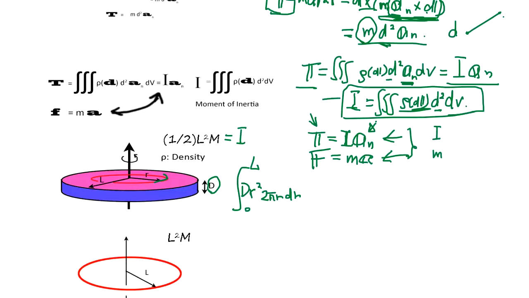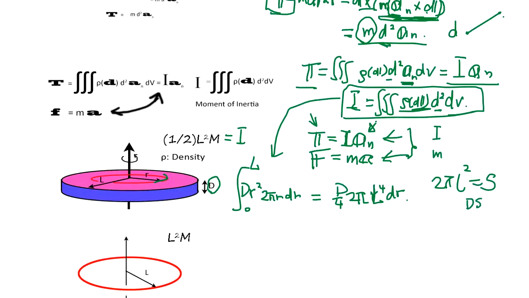So that's the integral. It's going to be something like that, right? This L, and 2 pi L square is the area S. You need to have a rho, and rho dS together becomes a volume.